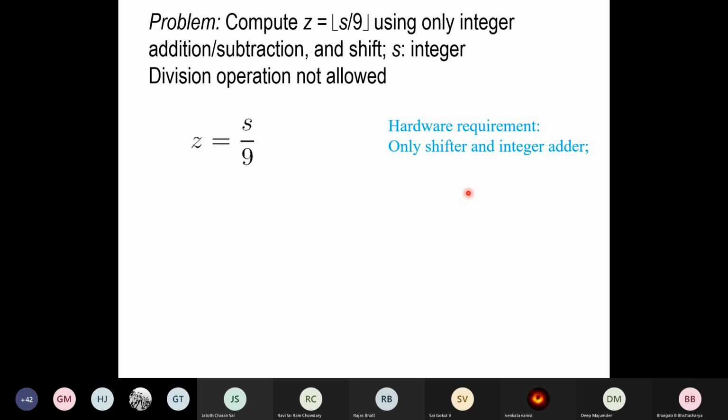Isn't so? Dividing by 8 is nothing but shifting towards the right. Can I repeatedly divide by 8, using some kind of trick, so that you can approximate S by 9?